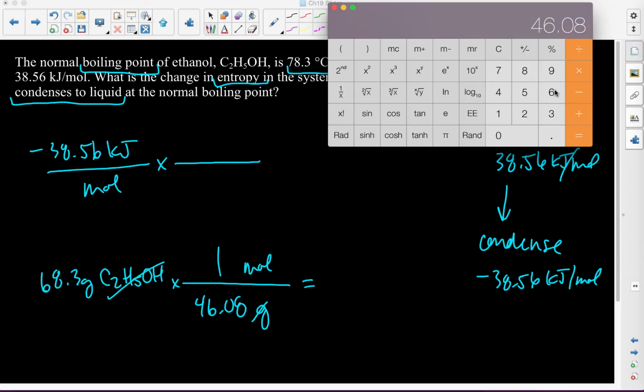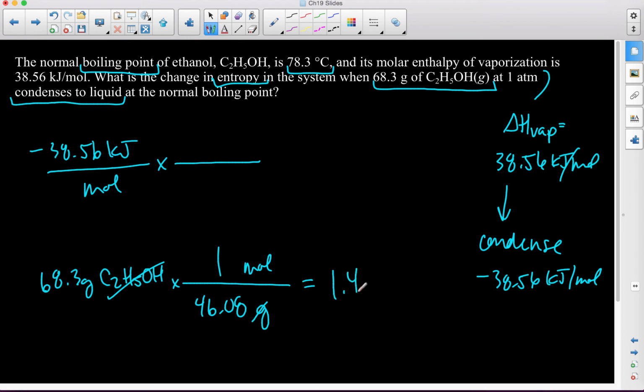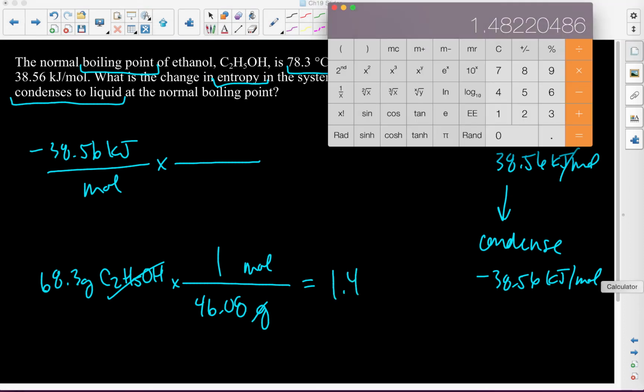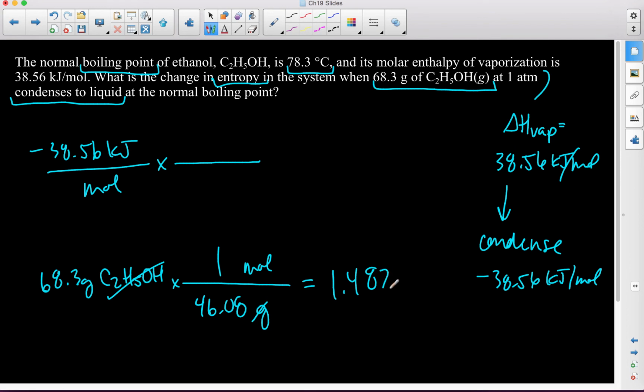And so we have 68.3 divided by 46.08, and that's going to give us 1.4822 moles of my compound, right?